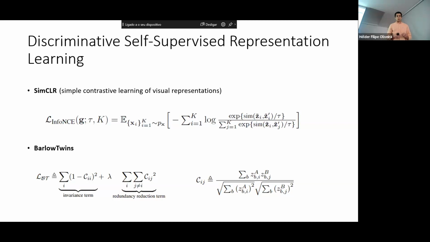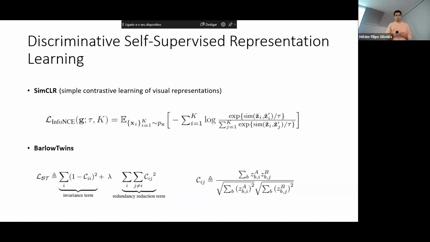With this approach, we consider two objective functions to study identifiability. On the one hand, we have SimCLR, simple contrastive learning of visual representations, which uses the InfoNCE loss, the information noise contrastive estimation loss, that tries to bring the representations of positive pairs closer using the cosine similarity, and to push the representations of negative pairs apart.